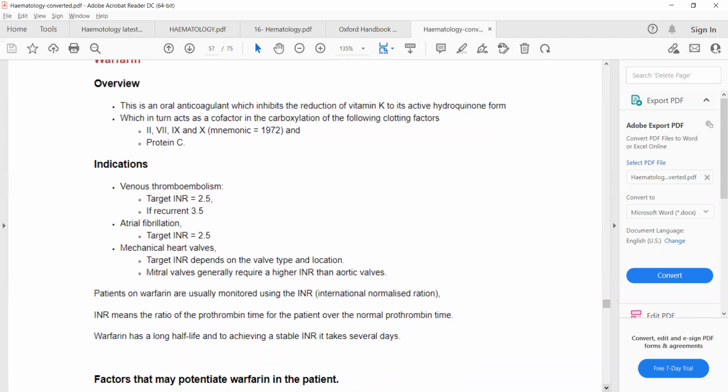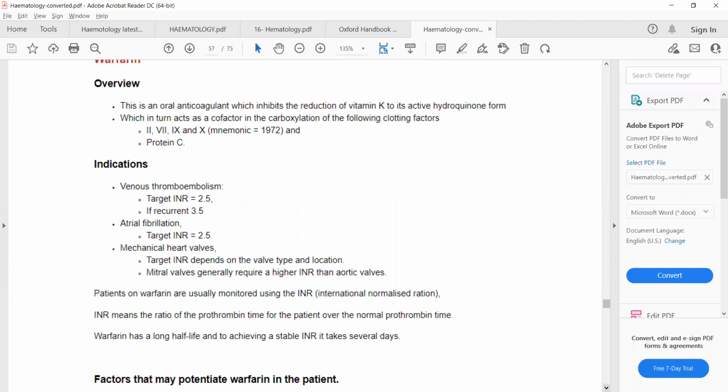Doctor, can you repeat the heart valves? For heart valves, remember that the range is 3 to 4. For mitral valves, if someone has a mechanical mitral valve, then the chances of thrombus formation increase. So that's why for mitral valve, the target INR is usually a little higher than for aortic valves.